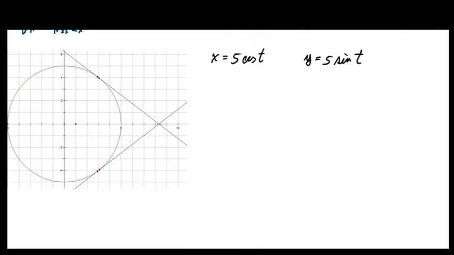You feel the circle? Okay, and then how did we take the derivative of this? Well, we didn't, but let's just take a derivative with respect to t. So this becomes negative 5 sine of t, and this thing now becomes 5 cosine of t.